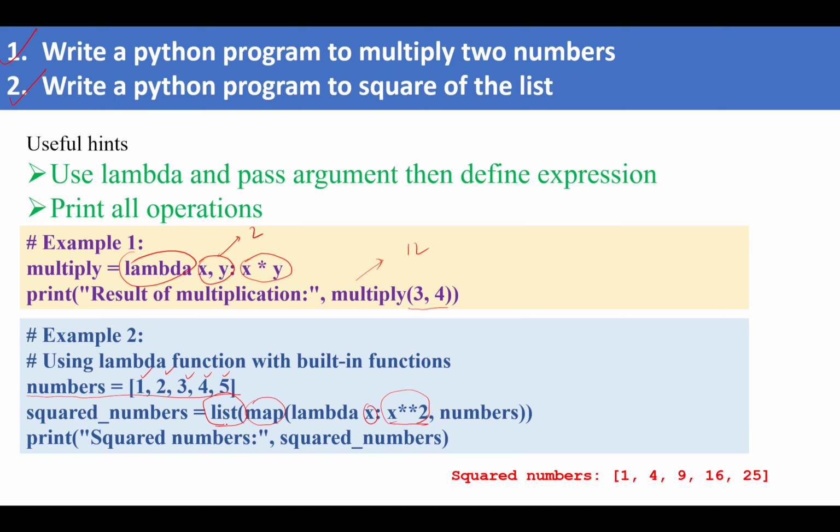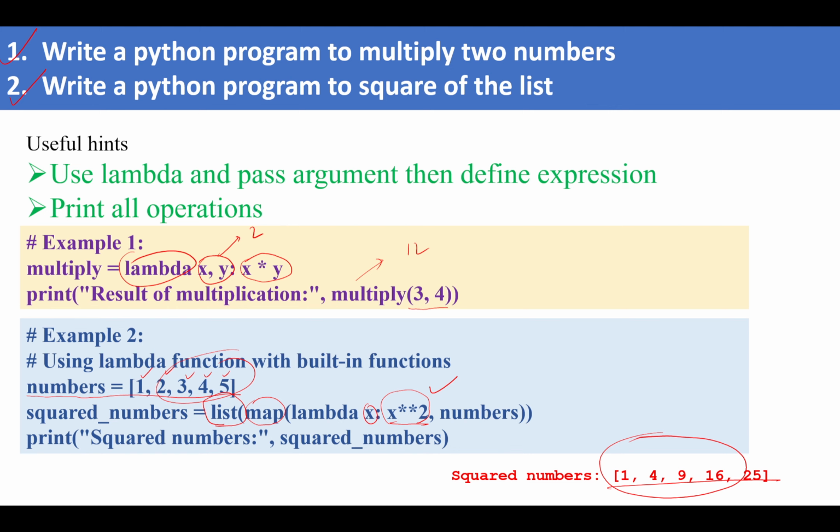Then we have to display the result in the form of a list. The list function is actually used to convert the iterable returned by map into a list. So we get the result in the form of a list, and you see here all these numbers are squared, because we are using this expression, which denotes the square of a number.